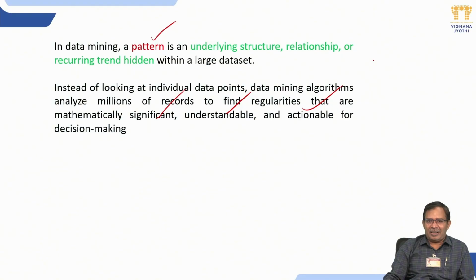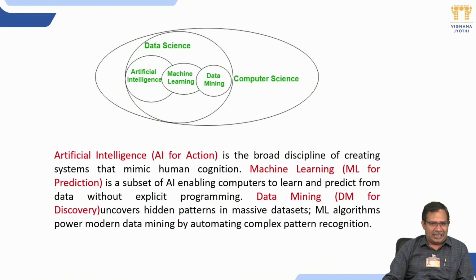So this pattern helps with significance, interpretation, and taking decisions which are very precise in the context. Data mining is closely associated with emerging terms or courses titled machine learning and artificial intelligence.